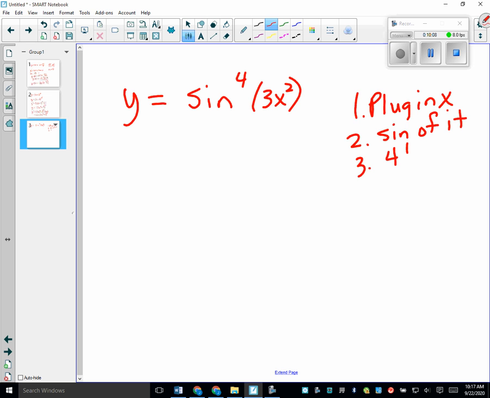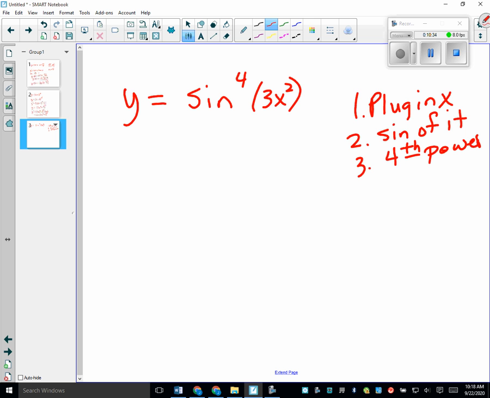Okay, fourth power. So when I take the derivative of this peanut, I go backwards, and I only do one step at a time. I do one step, leave everything else as is. The next step, leave everything else as is. And the next step, all right?